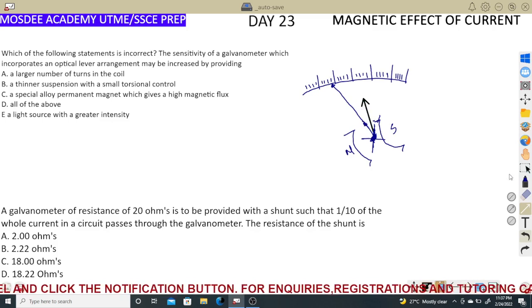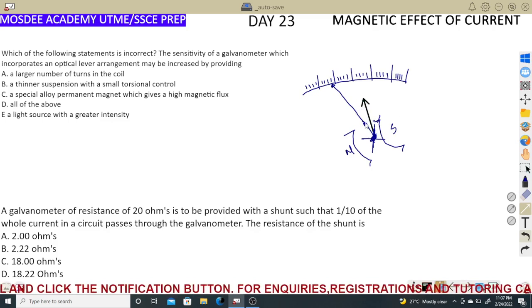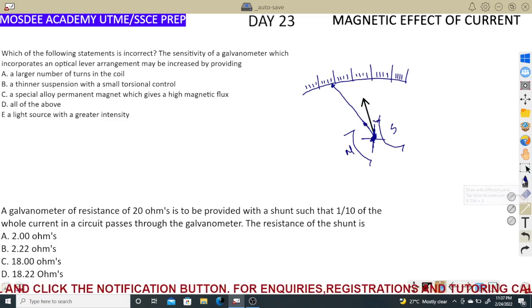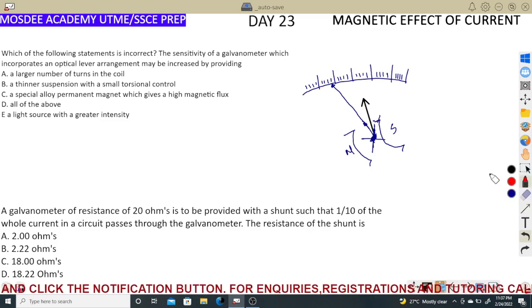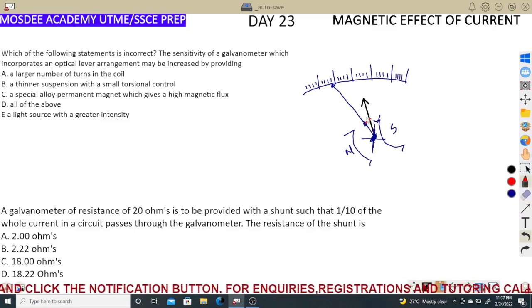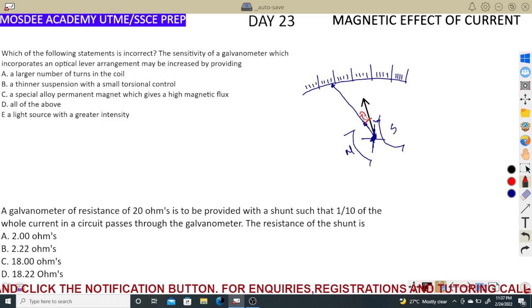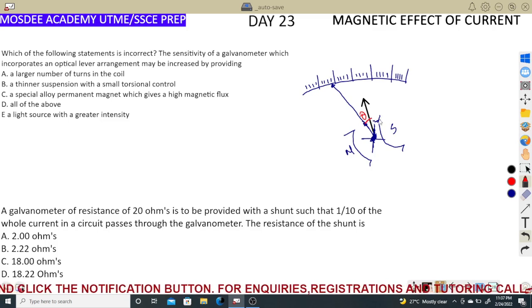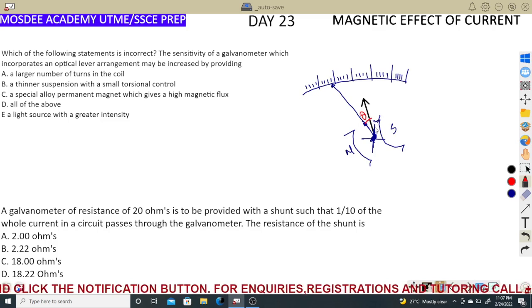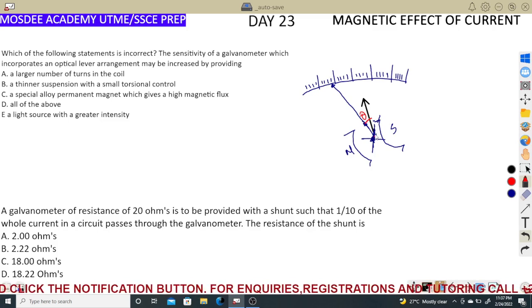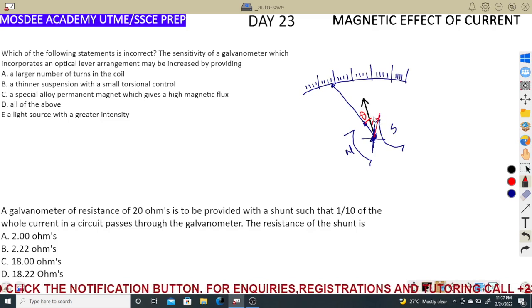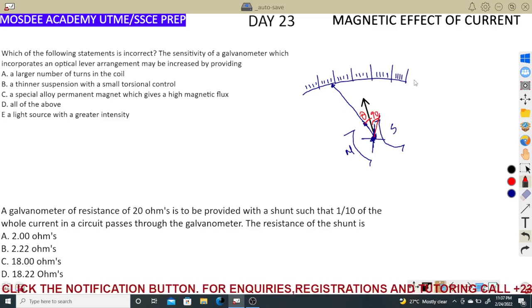The needle is deflecting as it is rotating. Okay, now that's the needle. This is the angle of theta. But we say the needle is always having a kind of 90-degree angle when it deflects. That is when it moves away.